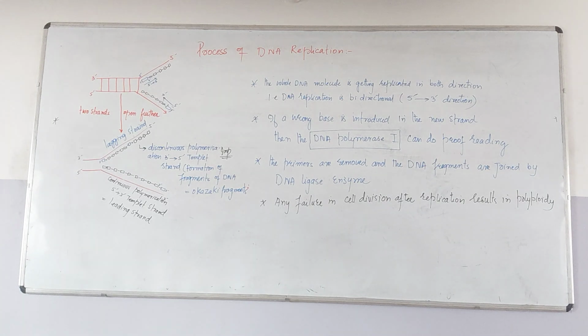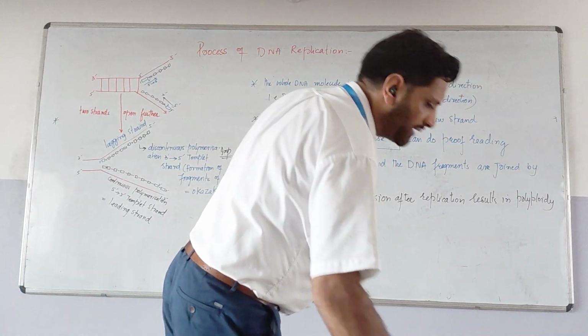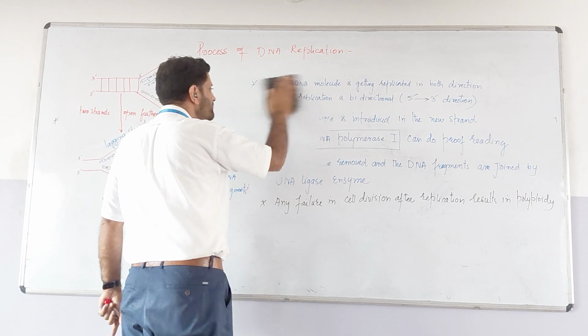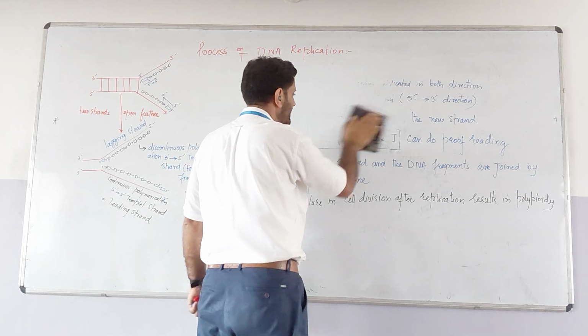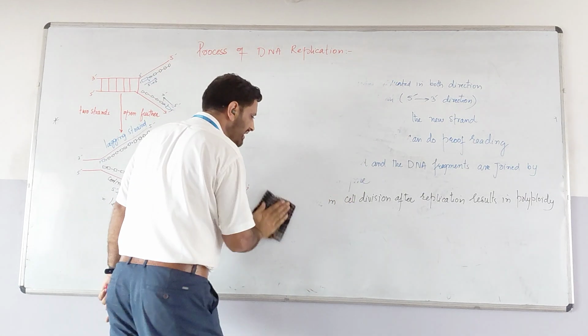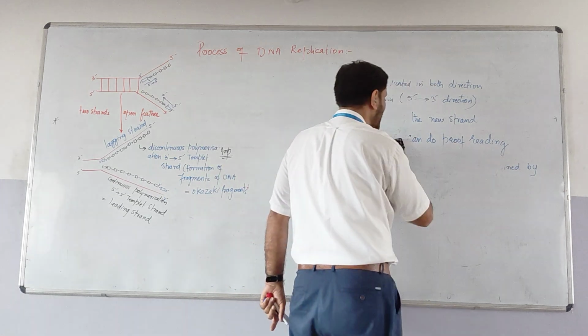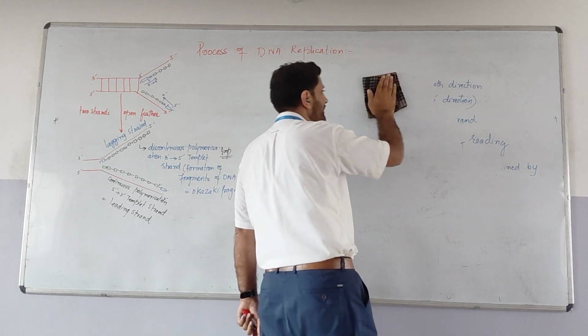We'll have some problem here because it is being asked in the exams. The enzymes used in this DNA replication are very accurate and they polymerize the DNA very accurately and also in a particular time.